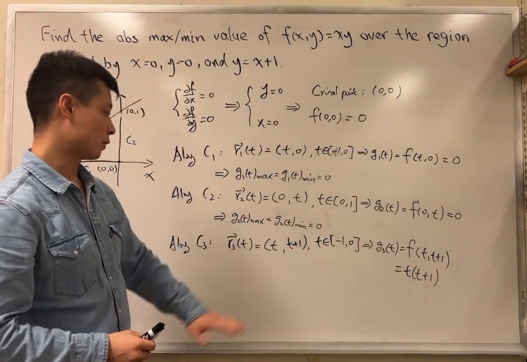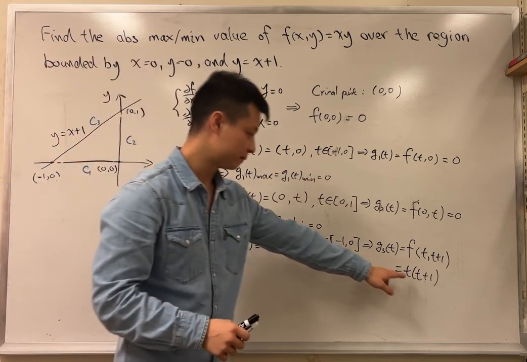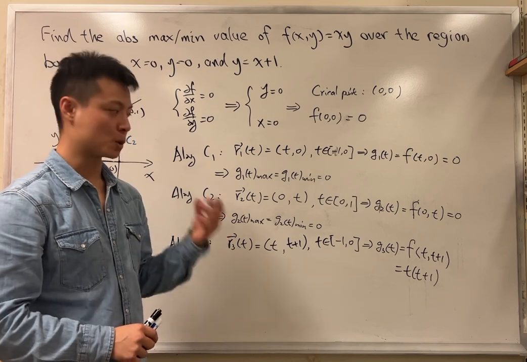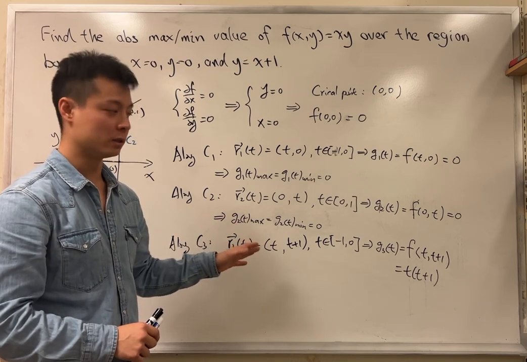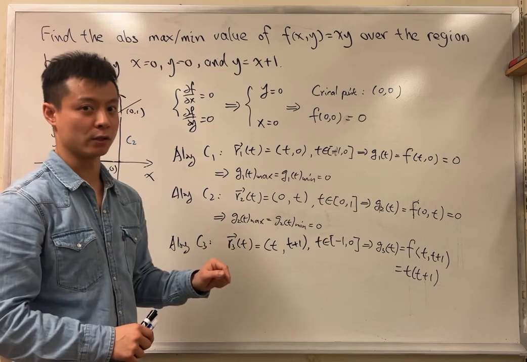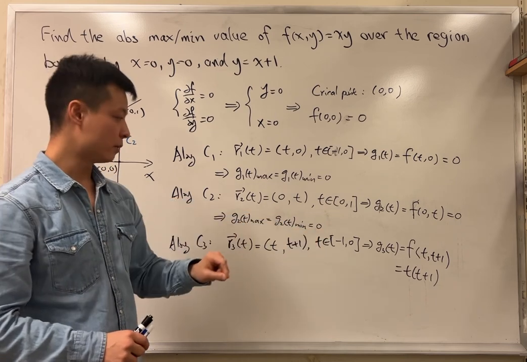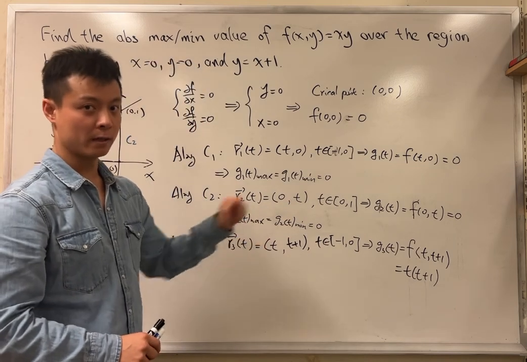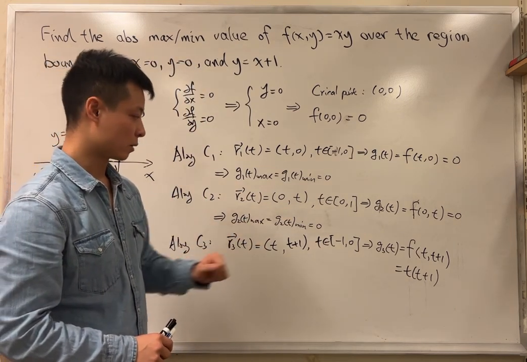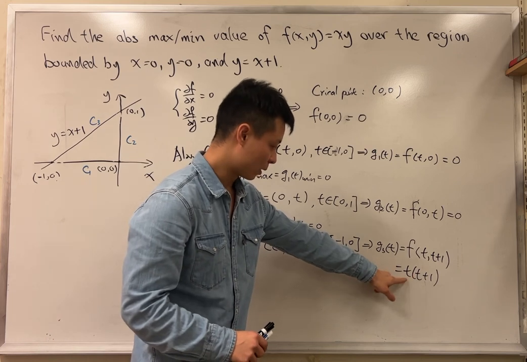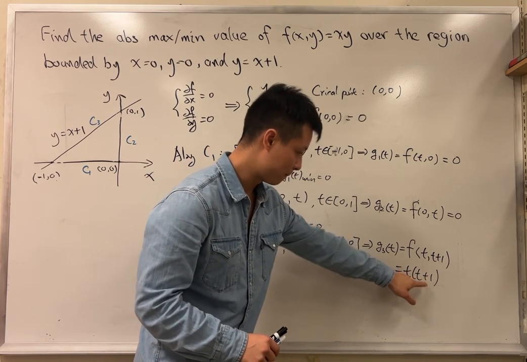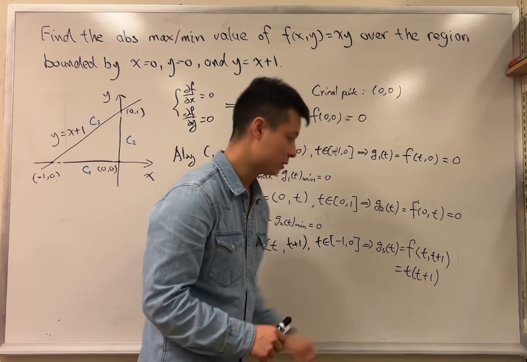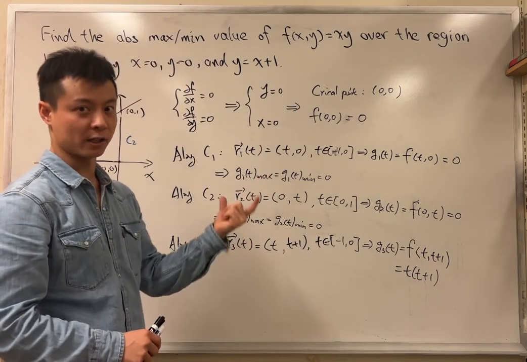There are many different ways to find the max and mean value of a single variable function. You can find the derivative and set it to 0, or you can simply graph the function. Because it is pretty simple, we can just graph it and figure out the max and mean value from the picture. We know it passes through the origin and also through the point (-1, 0), with the parabola opening upward.